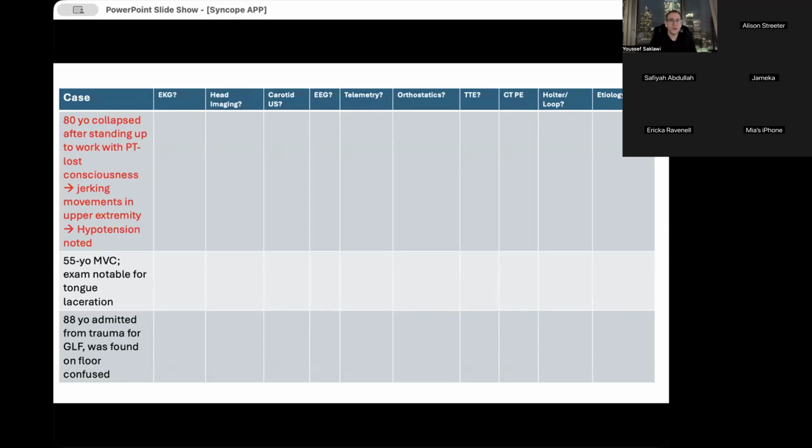So in terms of workup, before I reveal the answers or what I think we should work up, anybody want to unmute and share? Let's say they had this patient with them. Which of these options would they get for this patient? Orthostatics to start.